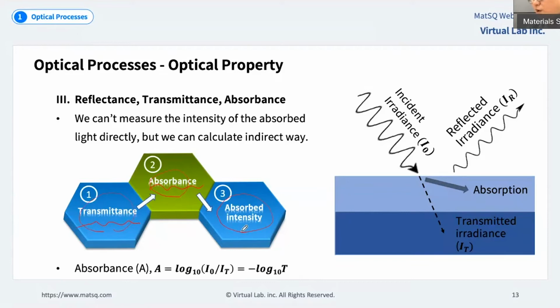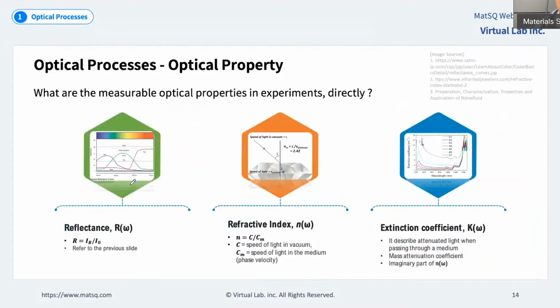So absorbance A can be defined as a function of transmittance T. It is minus log10 T. Absorbance is related to the transmittance, all right? So each optical property can be measured directly in experiment. First of all, reflectance.